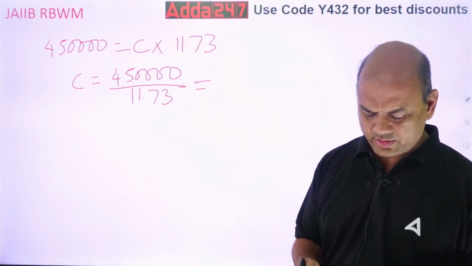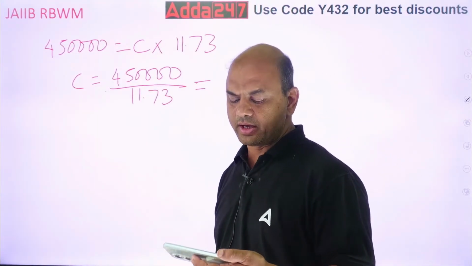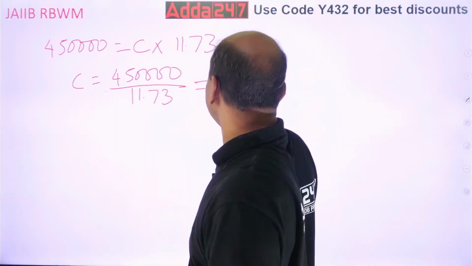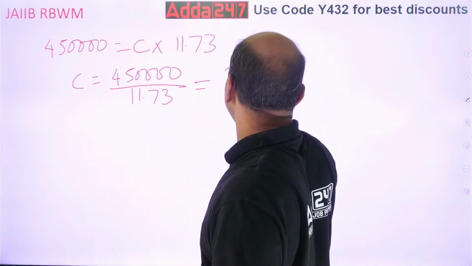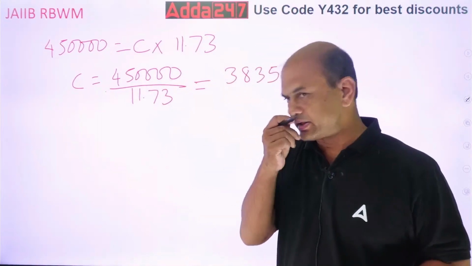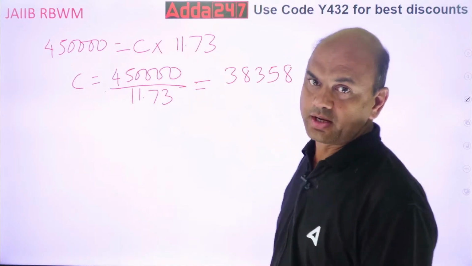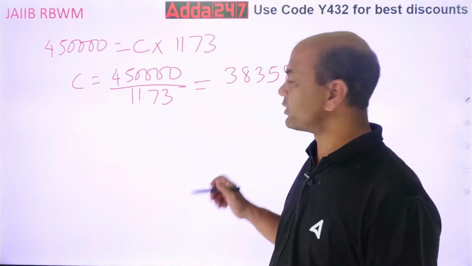What are you getting over here? I am getting the answer as 38,358. You must also get the same answer, 38,358. This is the amount of sinking fund.